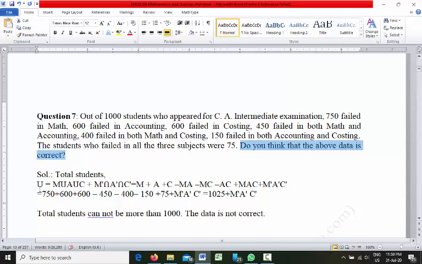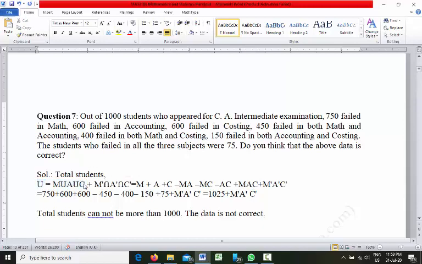So total students is the universal set, which is equal to 1000.